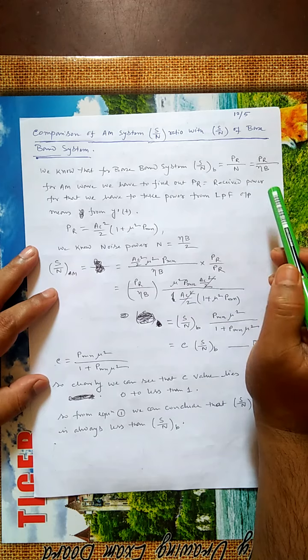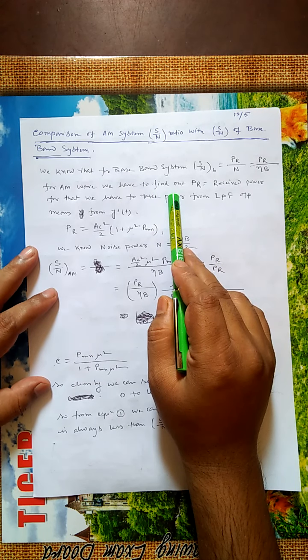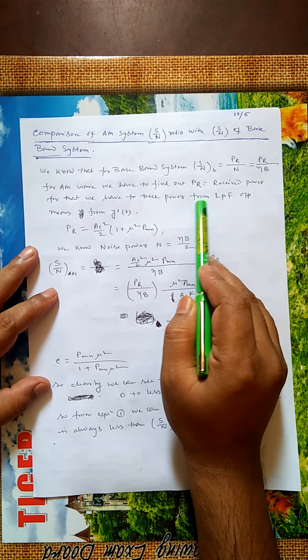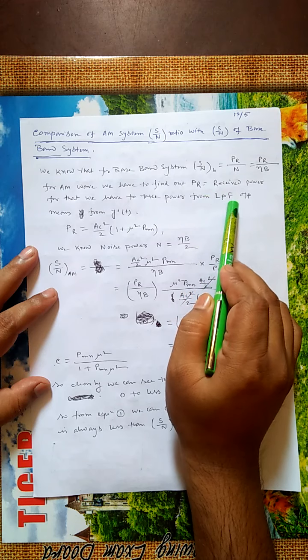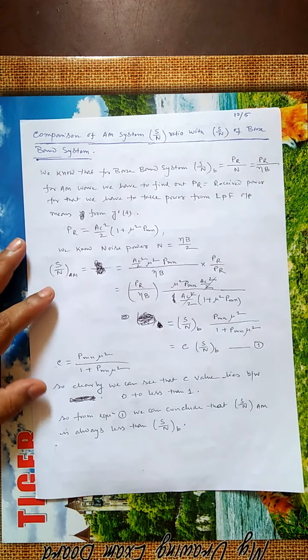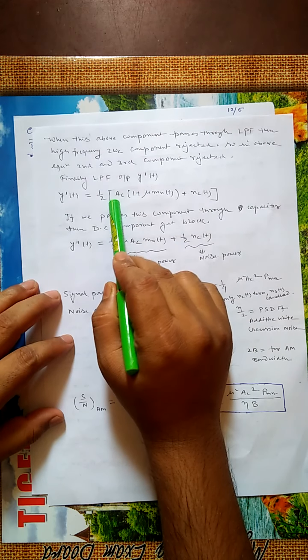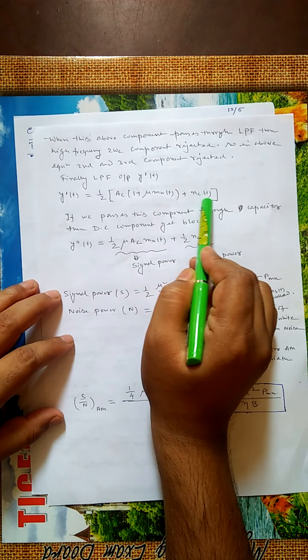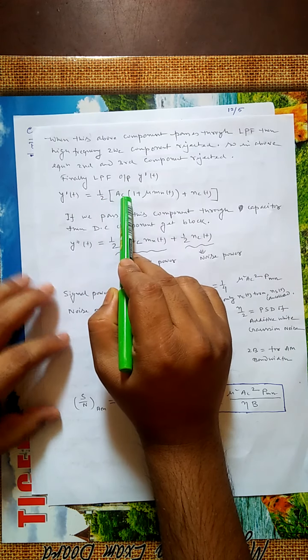Similarly, for the AM signal, we know the receive power. In the last class, this is the equation, the output of the low pass filter, y(t).